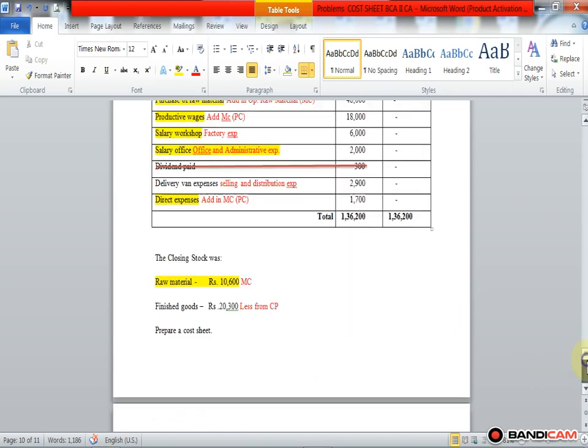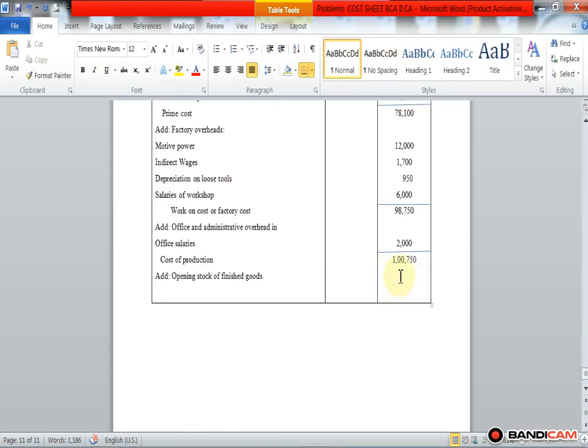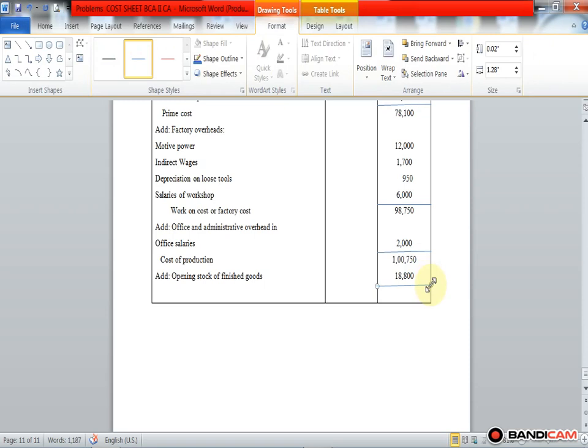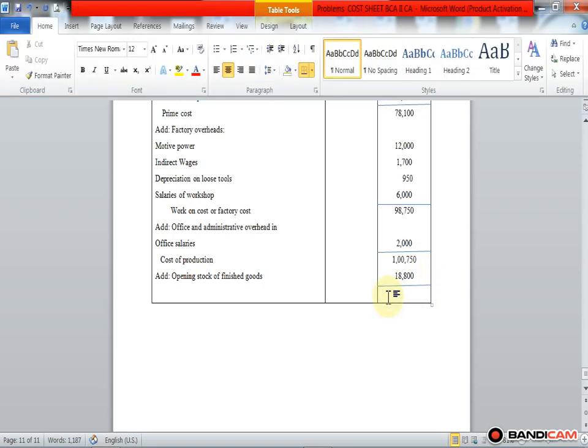Finished goods of 18,800 rupees are given here. Add this 18,800 and make the total. The total of these 2 items is rupees 1,19,550.